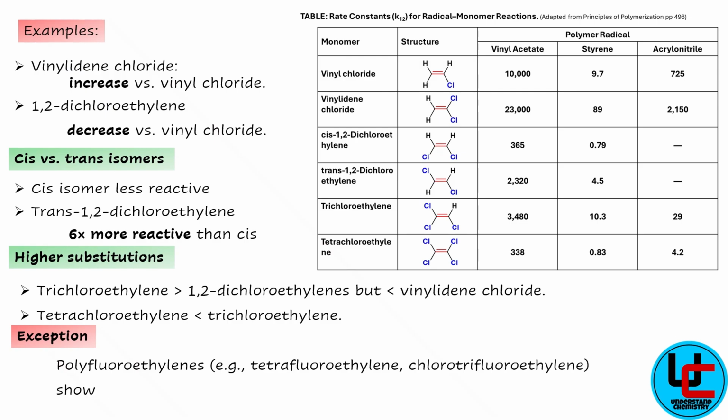There's also an interesting exception. Polyfluoroethylenes, like tetrafluoroethylene, show enhanced reactivity despite having multiple substituents. That's because fluorine is small and its steric effect is minimal. Now let's look at the third major factor influencing monomer reactivity, the polar effect.